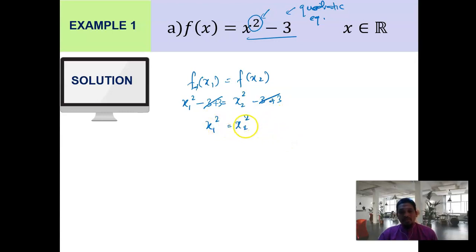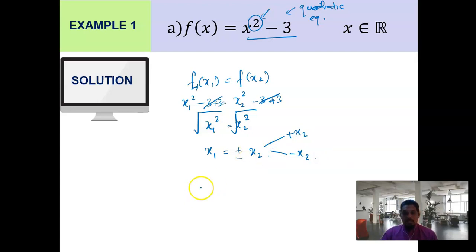To make it x, we are going to square root left and right. The square root of x1 squared gives you x1, and on the other side, it comes up with positive and negative x2. So one value of x1 equals positive or negative x2. There are two values here: either positive x2 or negative x2.